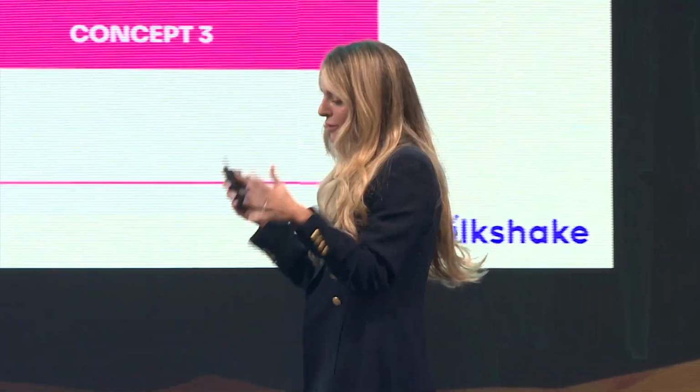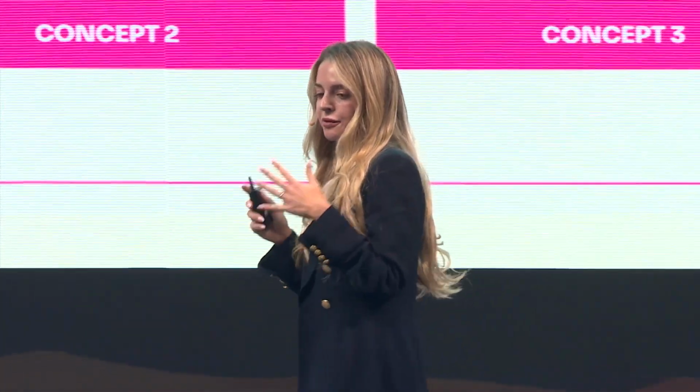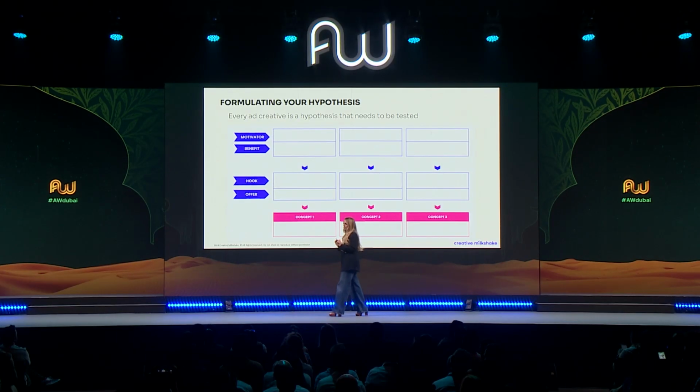So once you've identified these personas and you found out what their motivators and pain points are, you plot that out. This is where we formulate our creative hypotheses, because every ad creative is a hypothesis that needs to be tested. So you outline their motivator, you pick the specific product benefit that speaks to that pain point, and then you craft your hook and assign it to an offer, and that becomes your creative concept.